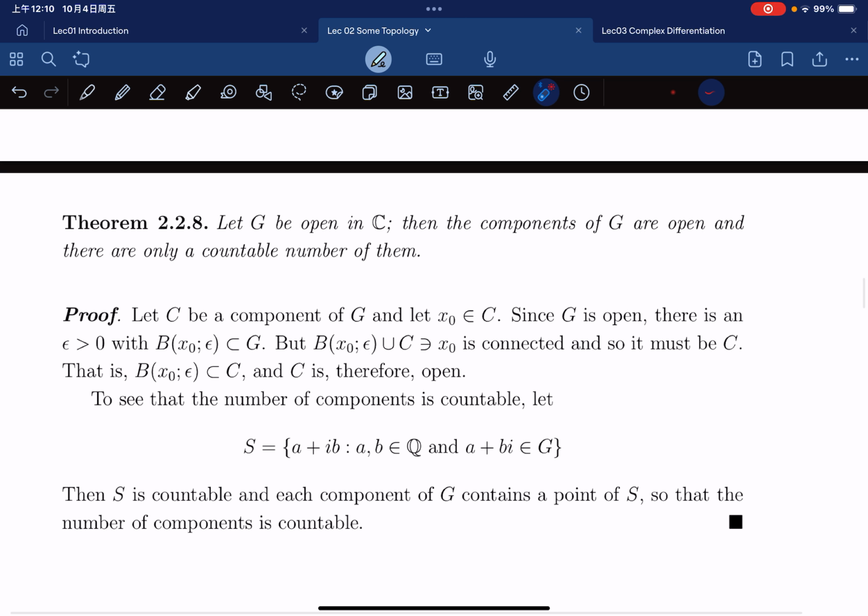And here's an interesting theorem. For any open set, the components are open. For open sets in C, the components are open and there are only a countable number of them.